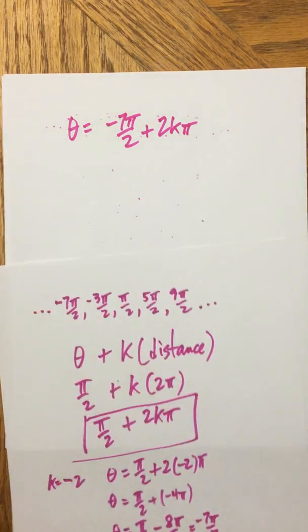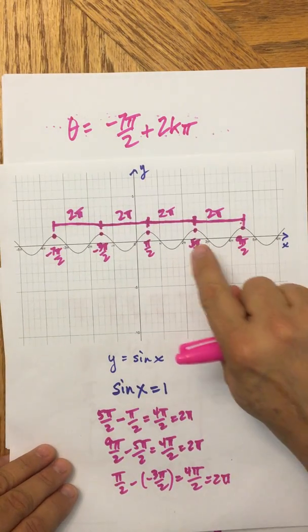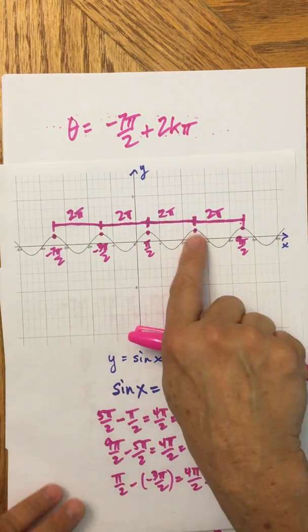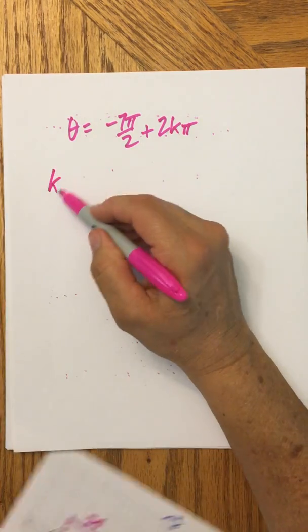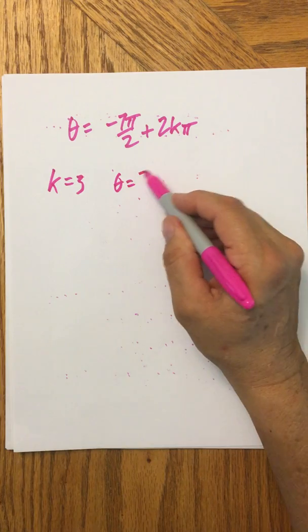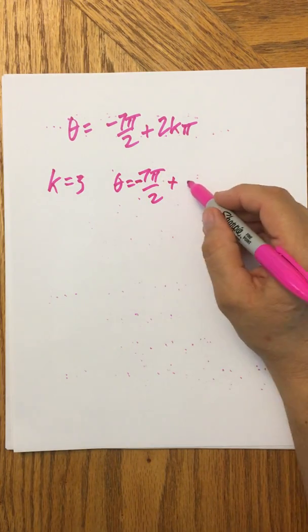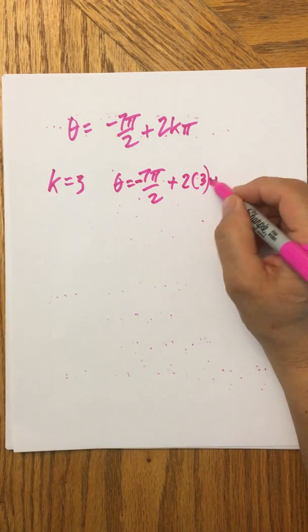But, for example, let me just show you, if I wanted to get, let's say, the 5 pi over 2, how many jumps is that? 1, 2, 3. That would be k equal 3, and I should get 5 pi over 2. So let's try it. K equal 3 into this generator. I would have theta is -7 pi over 2, plus, I'm moving forward, so it's positive, 2 times 3 pi, right?